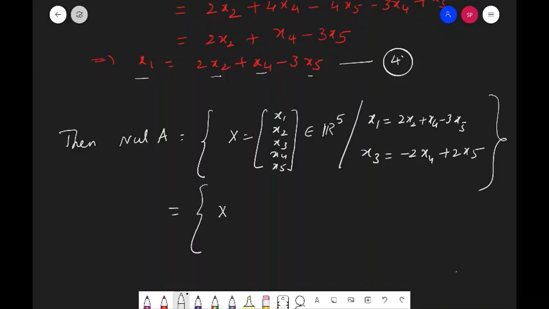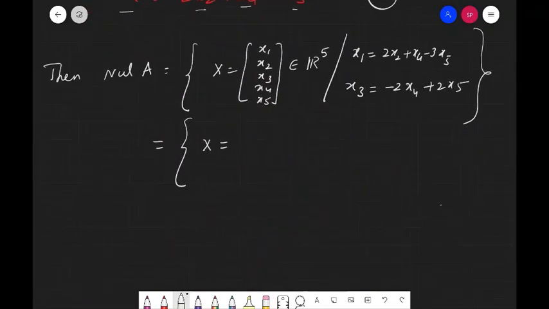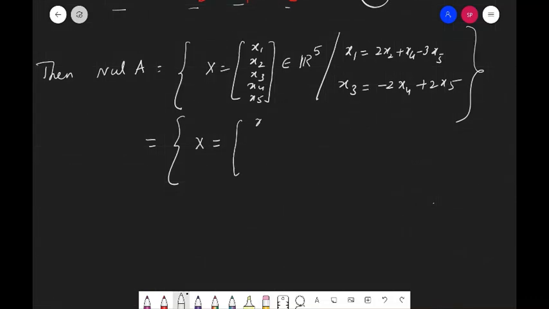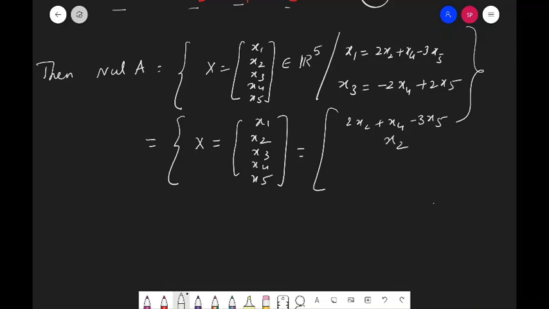Null A is equal to x, which is x1, x2, x3, x4, x5, that is equal to, what is x1? 2x2 plus x4 minus 3x5. What is x2? x2 is a free variable, so don't change it. What is x3? x3 has the value minus 2x4 minus 2x5. Then what is x4? It is a free variable, don't change it. What is x5? Free variable, don't change it.